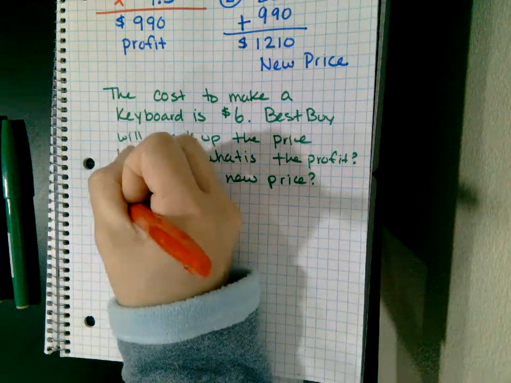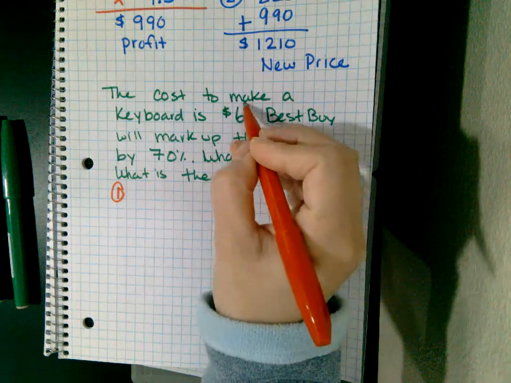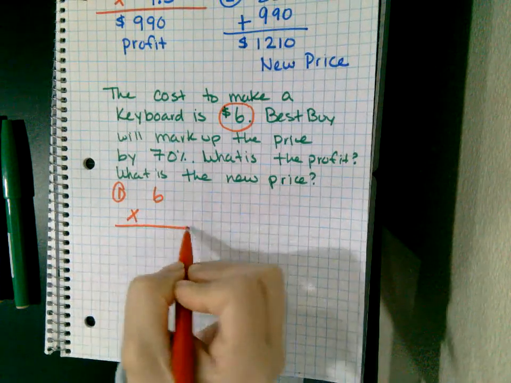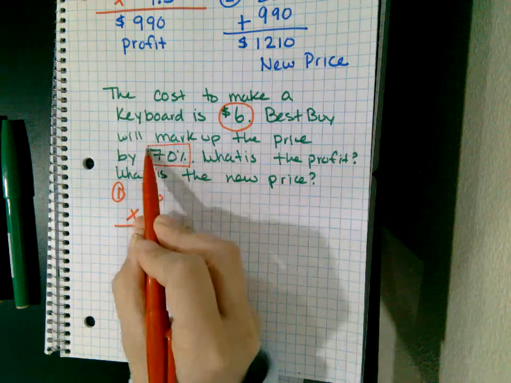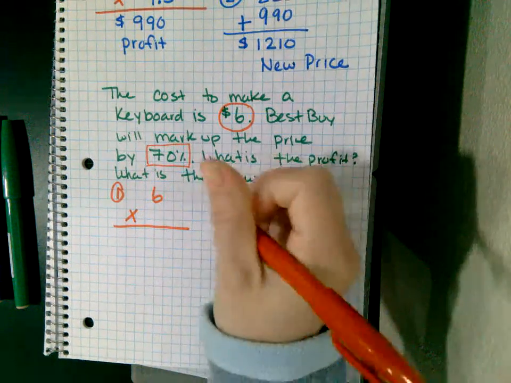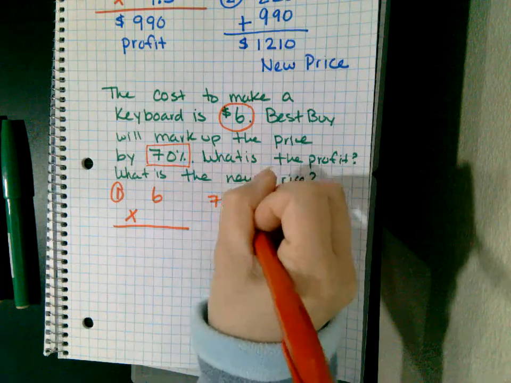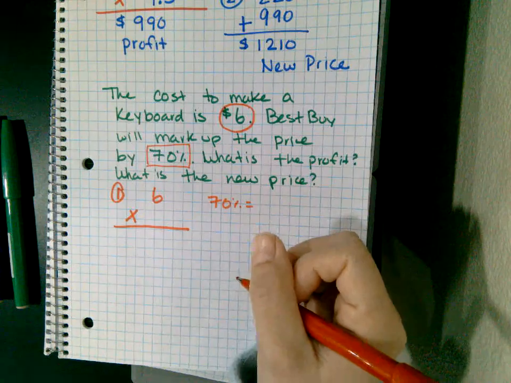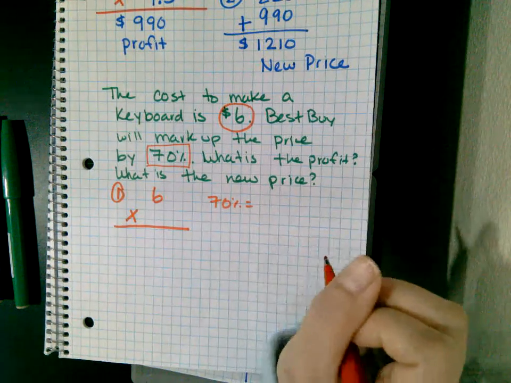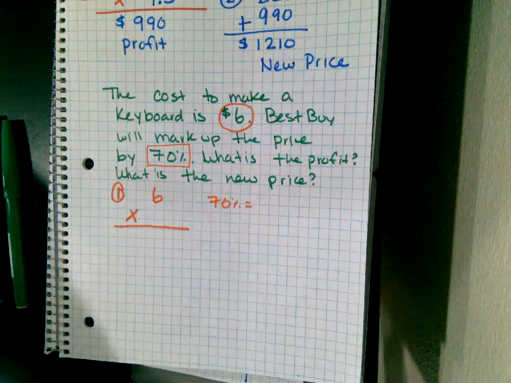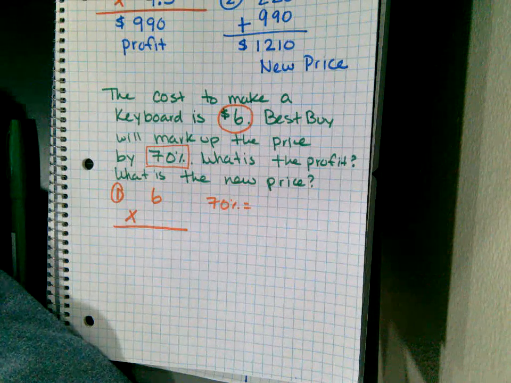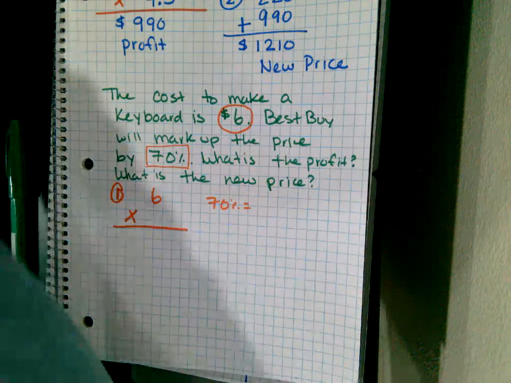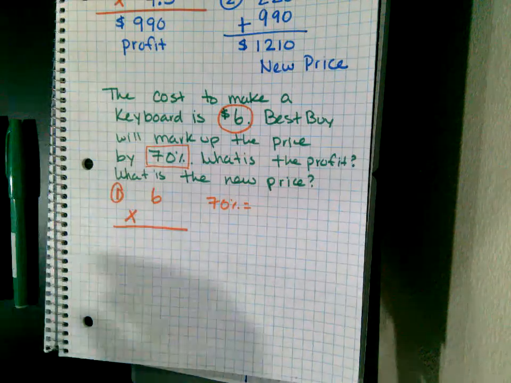Okay, so first step is taking the price of $6 and multiplying it by your percent written as a decimal. So 70% is what as a decimal? Thank you, Belen.